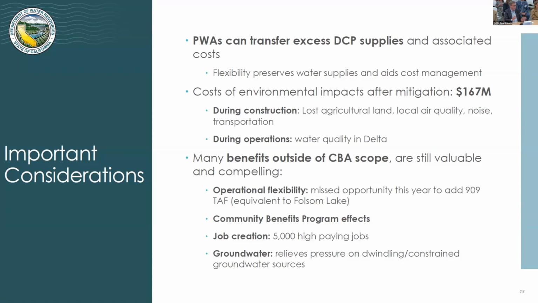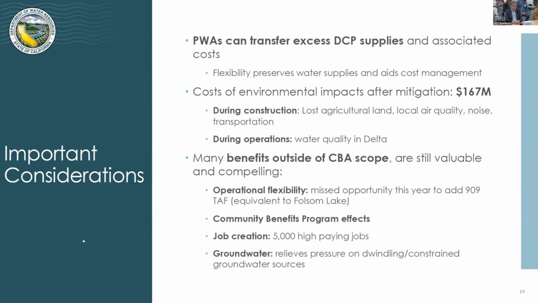Definitely not zero, but small in relation to the overall costs, and especially small in relation to the statewide benefits of the project. And also I would point out 167 million is less than the size of the community benefit fund. And we're including the costs of the community benefit fund, but not any of the benefits that might result from it.